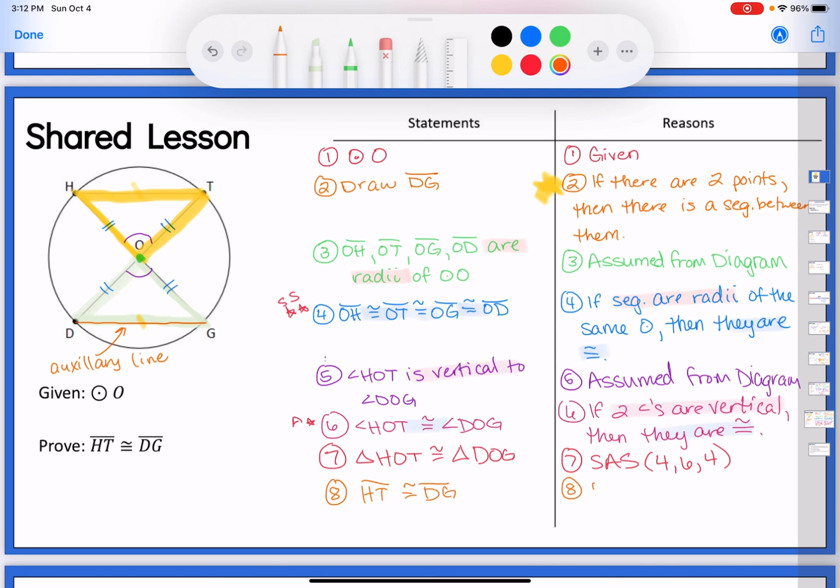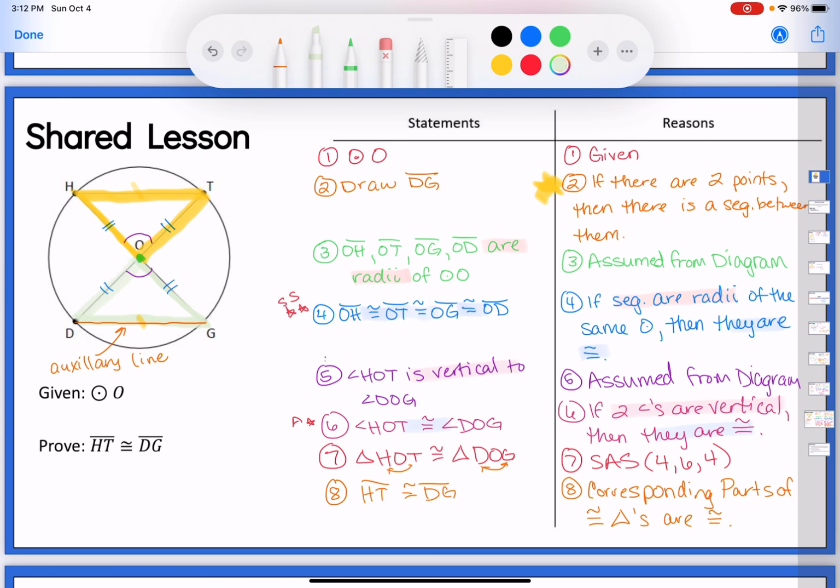And the reason is corresponding parts of congruent triangles are congruent. And they are corresponding first and last. I'm good to go. Those are the corresponding segments there.